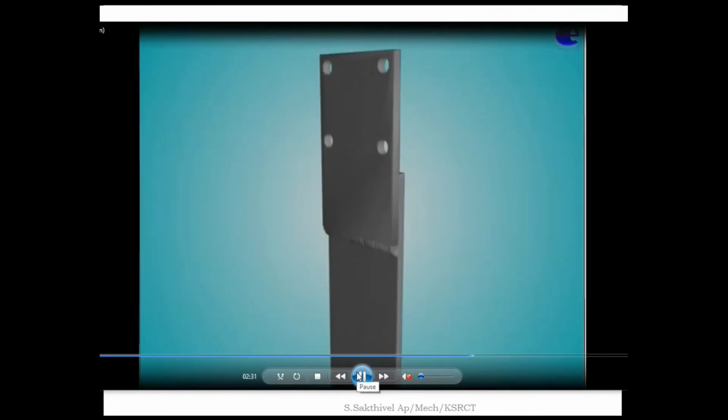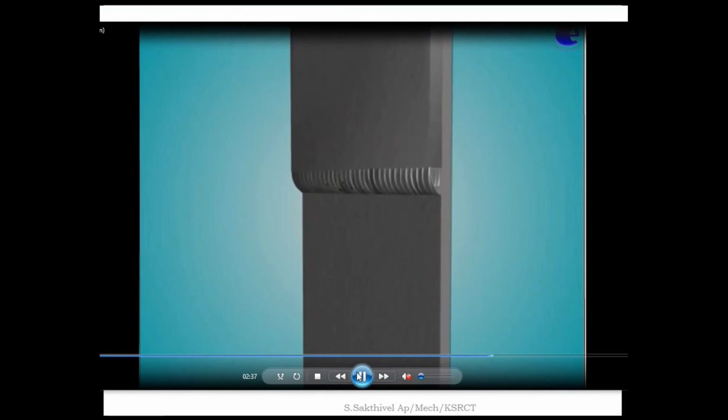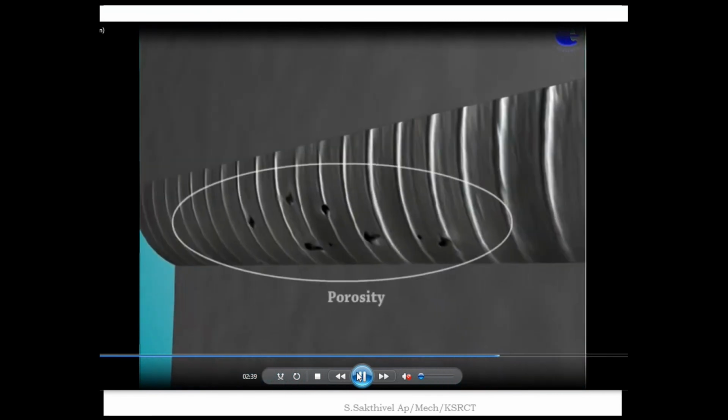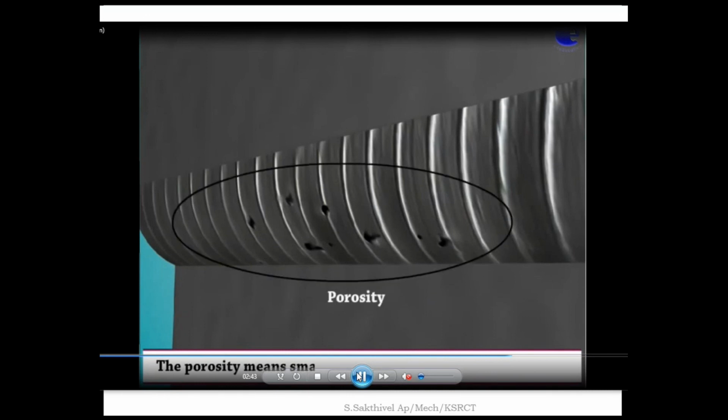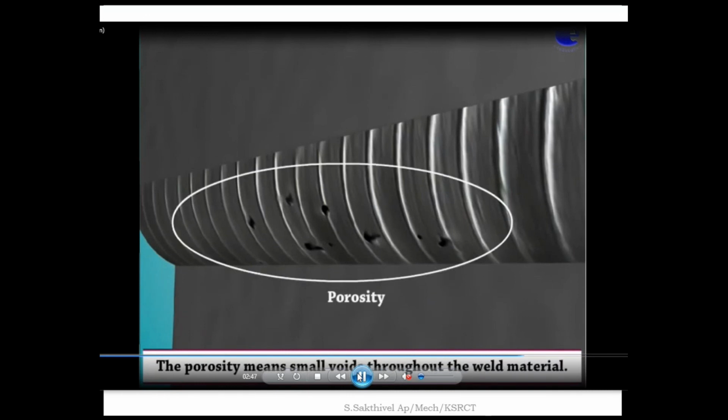Porosity. So we have the porosity. Porosity means small voids throughout the weld material.